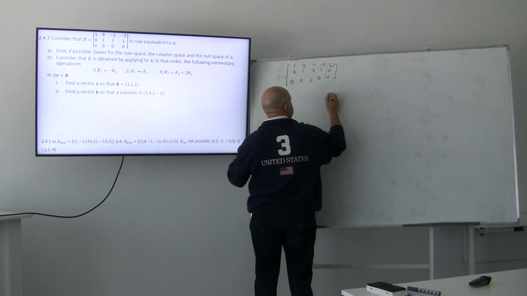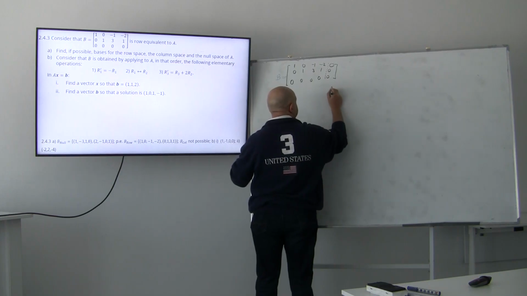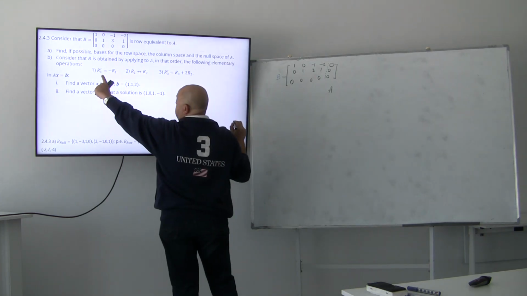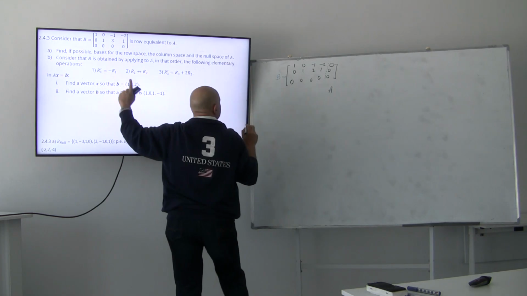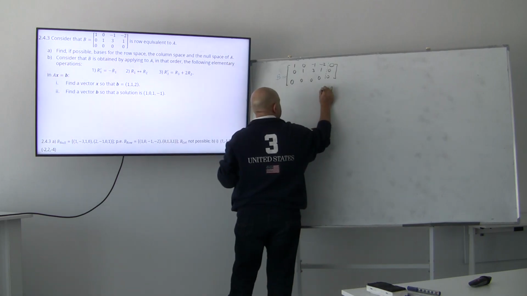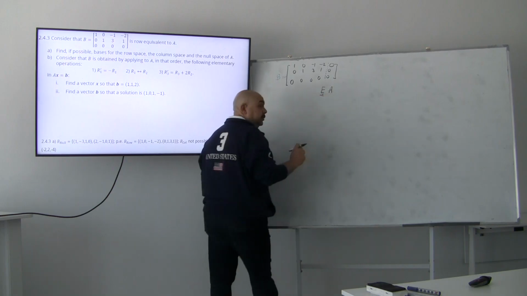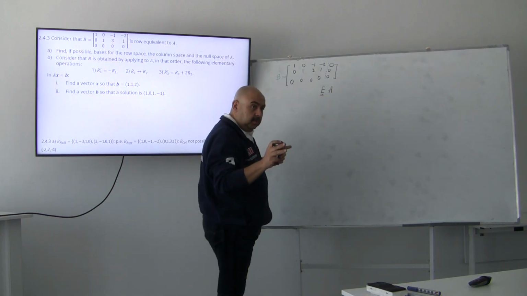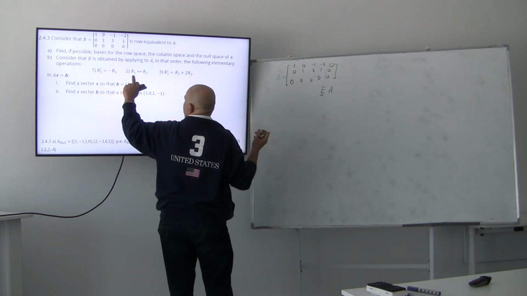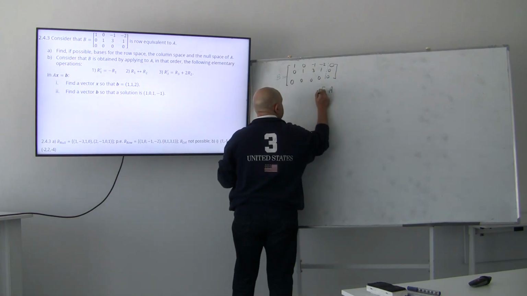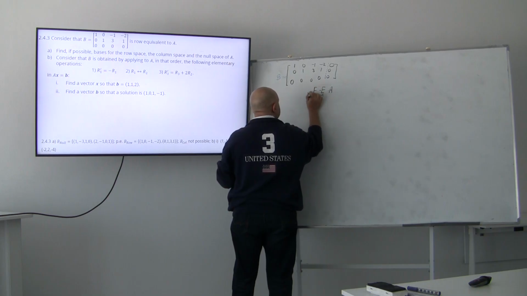So if I have the A matrix, which wants us to get the original, and I multiply it by this operation, what's that operation? It is -R1. So I'm going to multiply by the elementary operation which multiplies the first row by -1. Then the second operation, which stands for replacing R1 and R2.